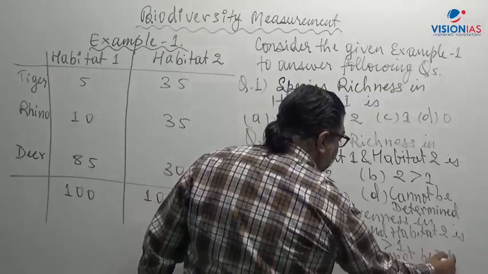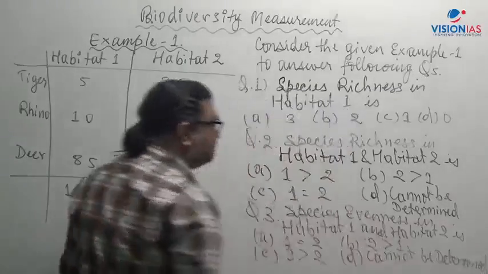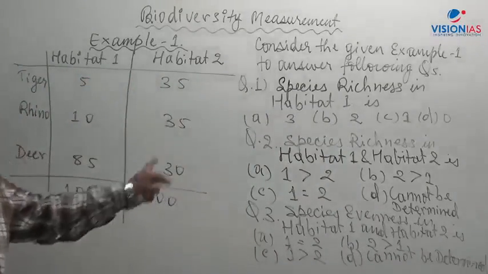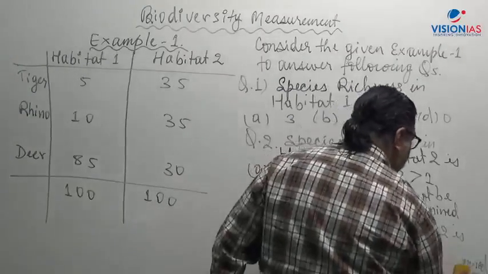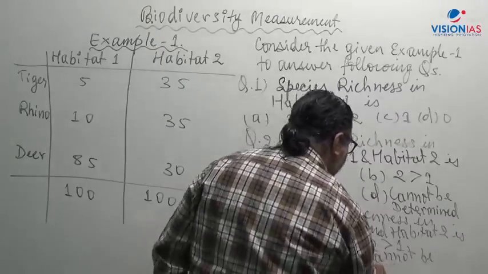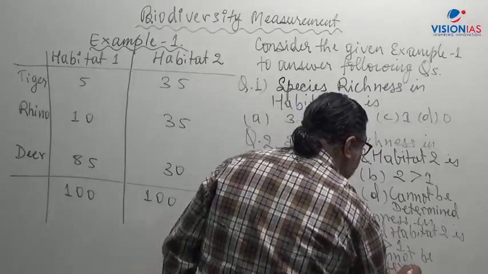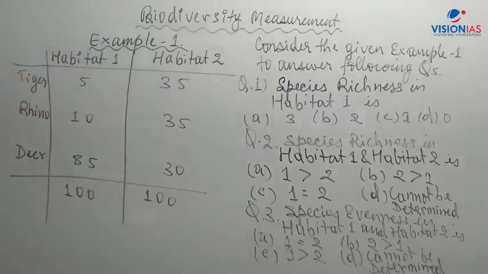Please write this question. Wherever you have left your notes, please write this. Please copy this whiteboard. First you copy the question with the example, then I'll ask you for the answers one by one, and we'll see the answers here.